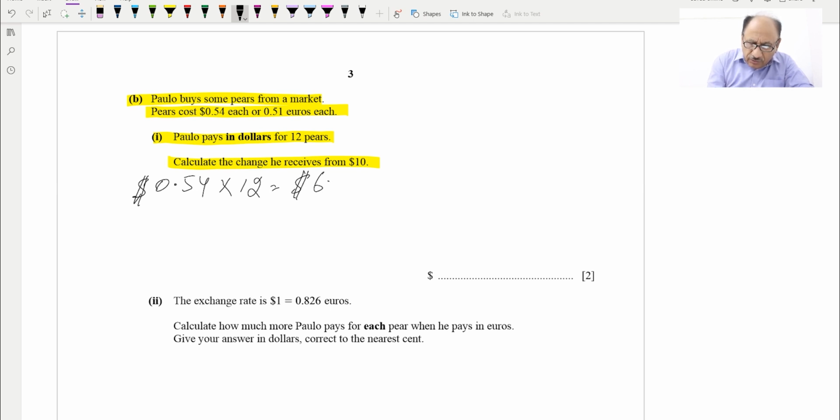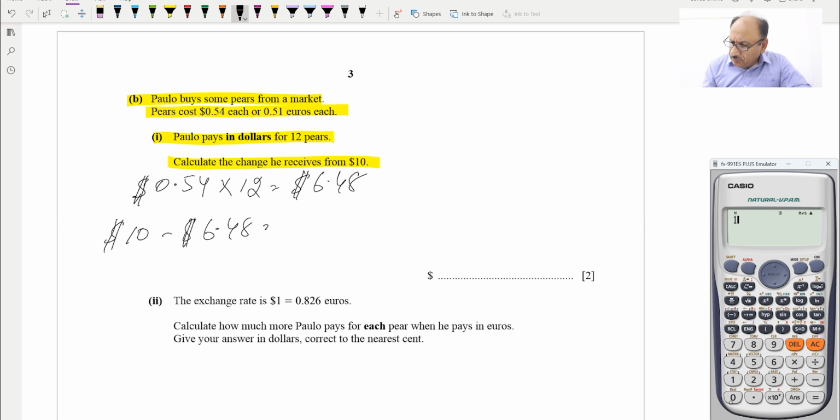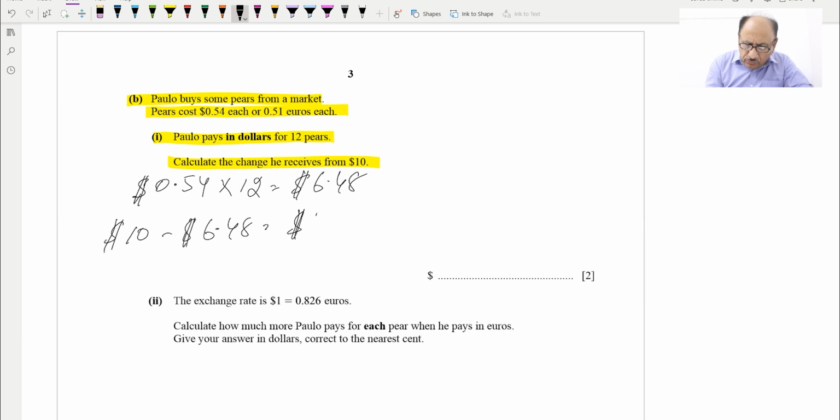So $6.48, and he paid $10. So $10 minus 6.48 will be the remaining amount, and the answer is $3.52. So 3.52 will be the answer for 2 marks.